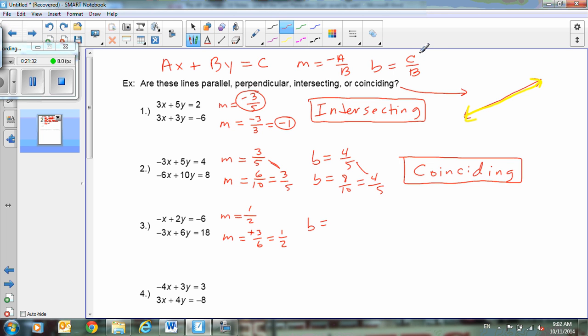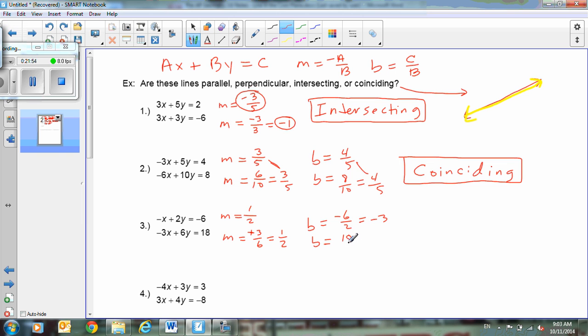Find the y-intercept by taking the constant over b, which is a coefficient of y. In this case, -6 over 2. -6 divided by 2 is -3. And then the second line, let's look at its y-intercept. So we're going to take c over b, which would be 18 divided by 6.